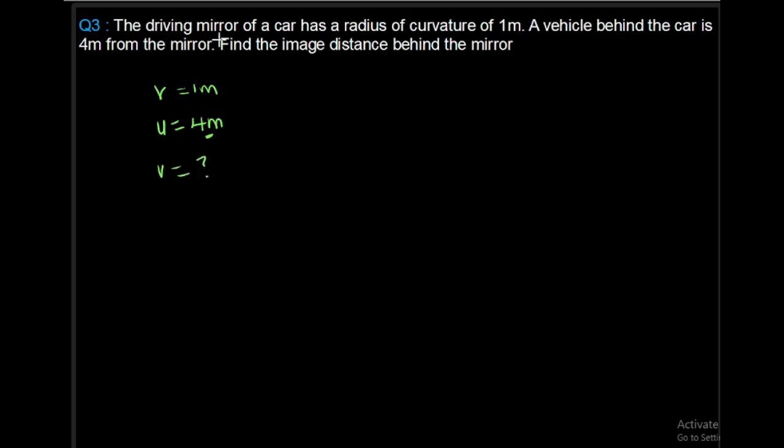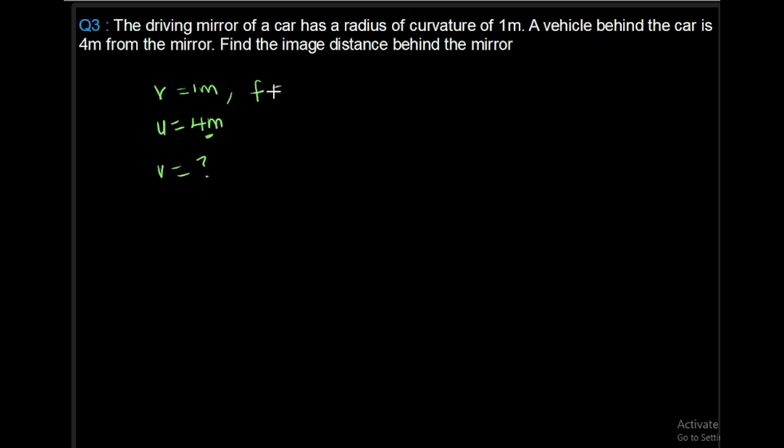Now this is a question that involves a driving mirror. The driving mirror of a car is what type of mirror? It's a convex mirror. Do not forget, driving mirror is an example of a convex mirror, and a convex mirror usually has negative focal length. So in this question, our focal length will be negative. Radius of curvature is already given to be 1 meter.